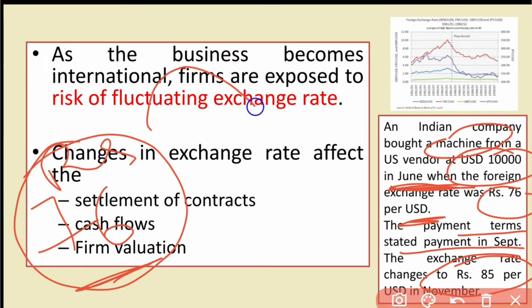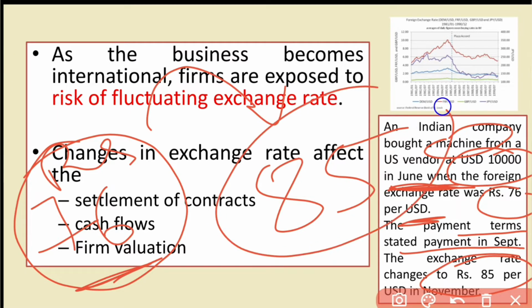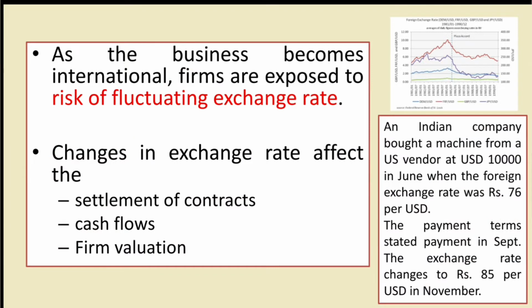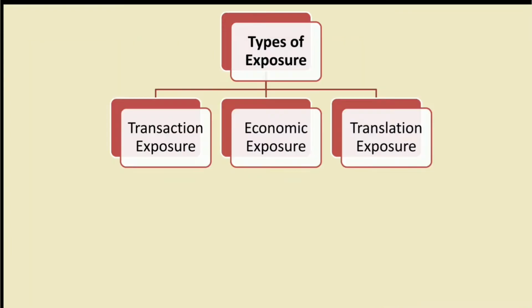However, when the payment was made, it went to 85 rupees per US dollar. So this fluctuation is known as the risk of foreign exchange. So whenever the company goes international, it faces fluctuating foreign exchange. This is why we need to manage it. We need to mitigate such risk and such exposures, right?